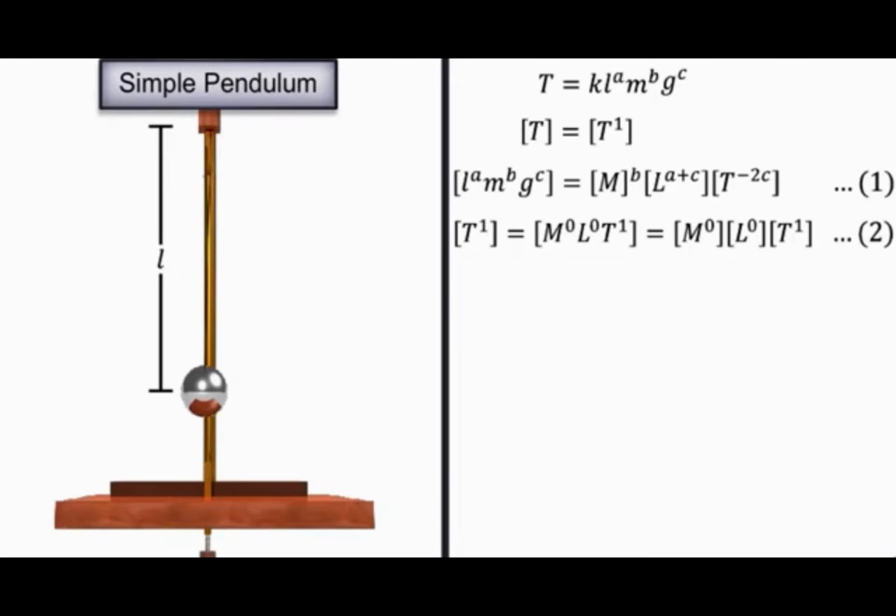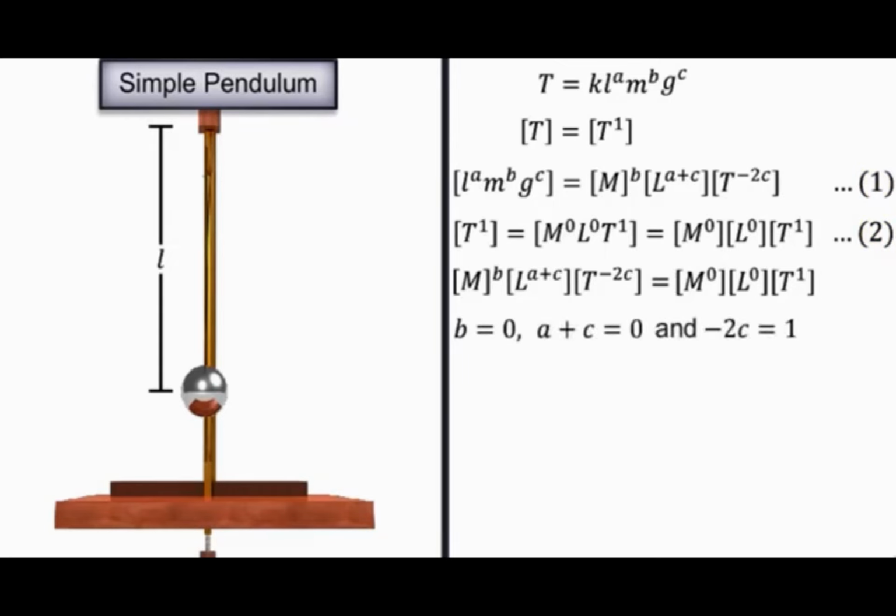we compare the powers of the base quantities on both sides of the equation. Thus, we get B equal to 0, A plus C equal to 0 and minus 2C equal to 1. On simplification, we get the values of B equal to 0, C equal to minus half and A equal to plus half.